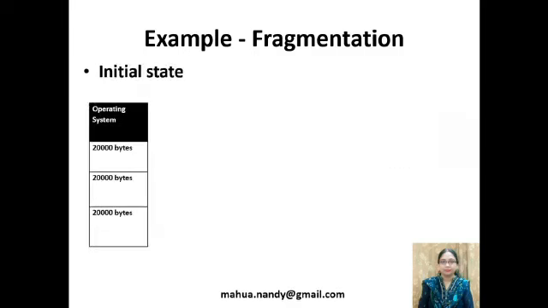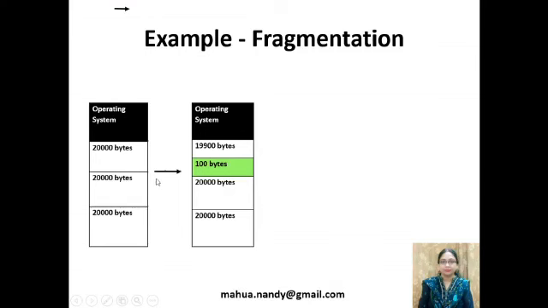We are considering the solution of this problem. Initially, we can see that this particular part of the memory is occupied by the operating system itself, and we are getting three blank parts of 20,000 bytes. When the process P1 of size 19900 bytes gets allocated inside 20,000 bytes, then a hole of 100 bytes will be left.